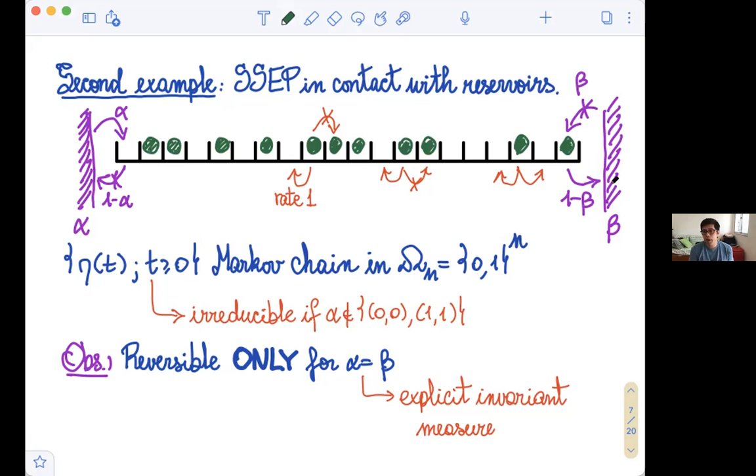What I just defined is a Markov chain. It's just a Markov chain on a nice state space, omega_n equal to {0,1}^n.